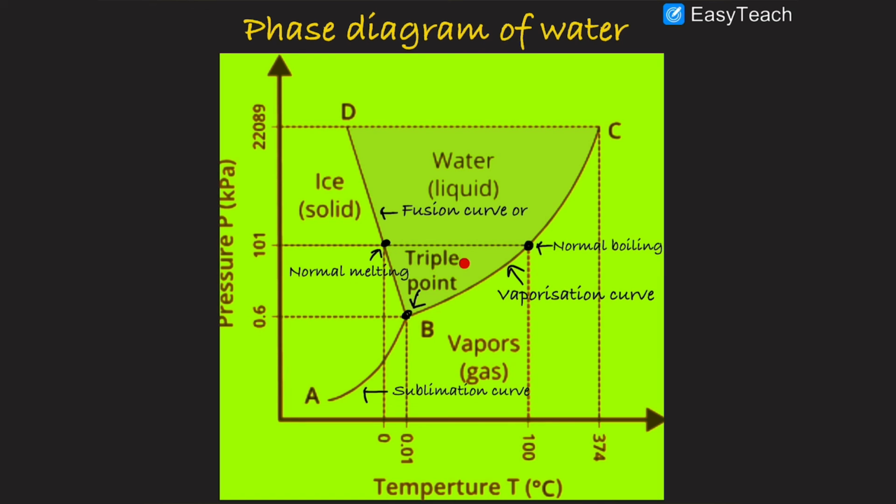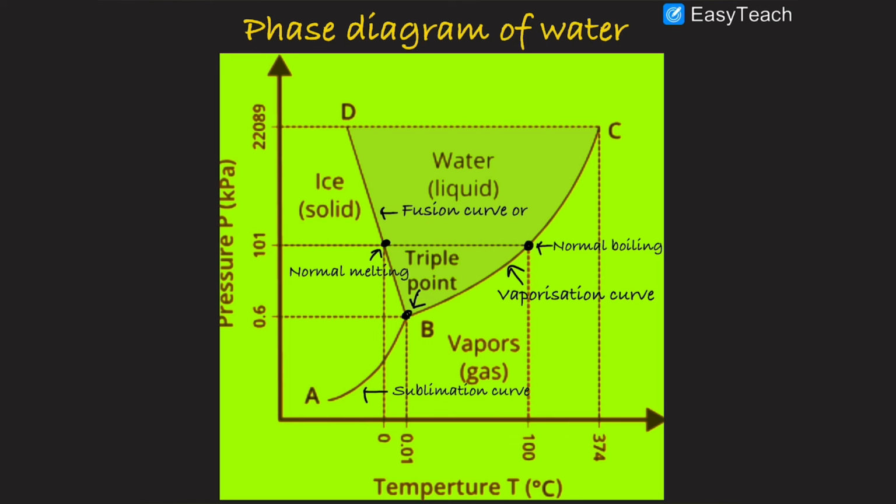For example, you can see this phase diagram. It is plotted for water, and on the y-axis pressure is taken in kilopascals, and on the x-axis temperature is taken in degrees Celsius. So this is a phase diagram of water, and these are three curves.